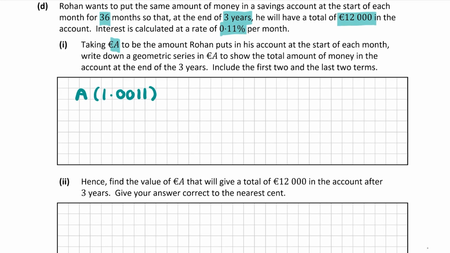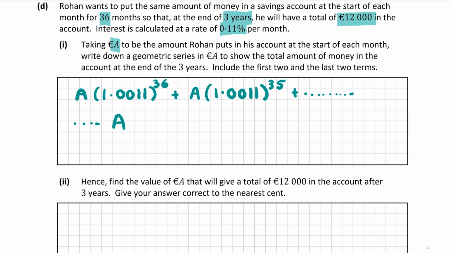You're going to earn that interest 36 times, 36 months. The next month, you invest A, you keep A, so that's why it's 1.0011. So basically A is being multiplied by 1.0011 for every month that it's in that bank account. And the second installment, that's staying there for 35 months. And so on. So once the first 2 and then the last 2.